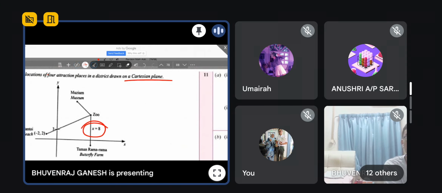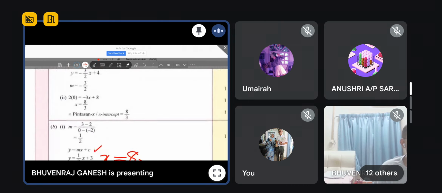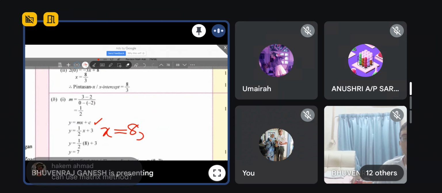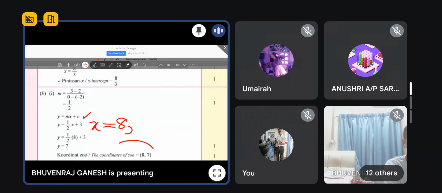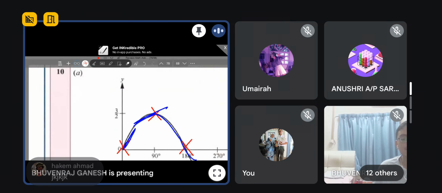X sama dengan 8. So you substitute x equals 8 inside this equation which you got earlier. Y equals something. Then kamu akan dapat jawapan y equals to 7. So then you can state the coordinate of zoo 8, 7. Do you all understand, guys, how to do B1 to get the zoo coordinate? Should be okay, right?